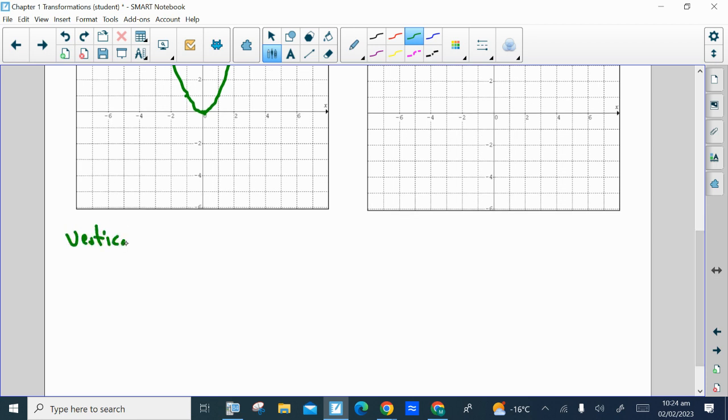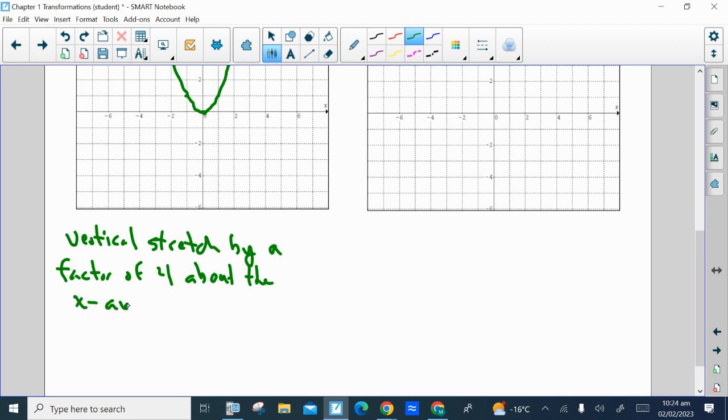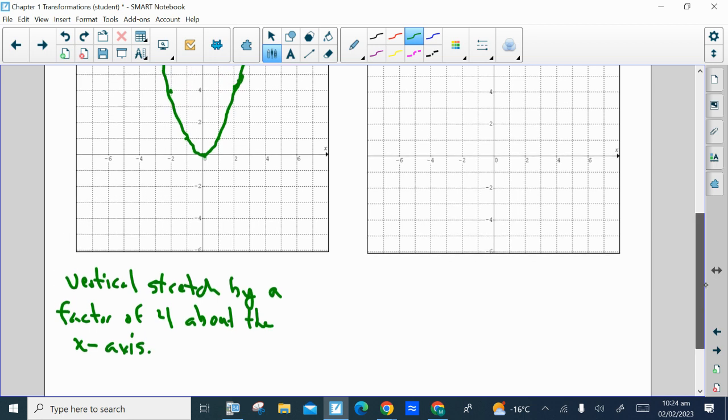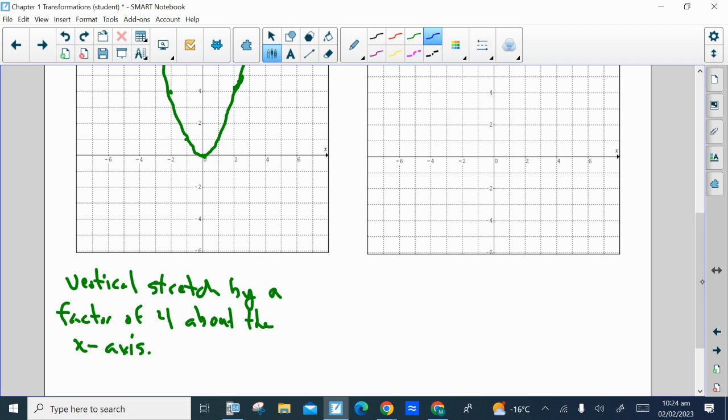And that stretch is about the x-axis. So all the y values will get multiplied by 4.